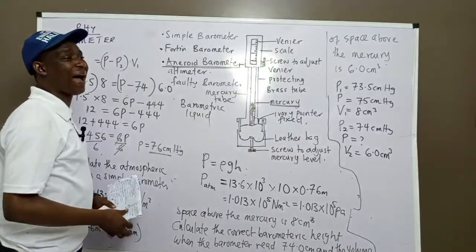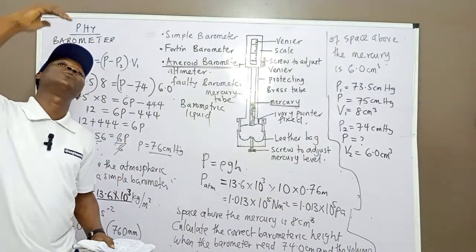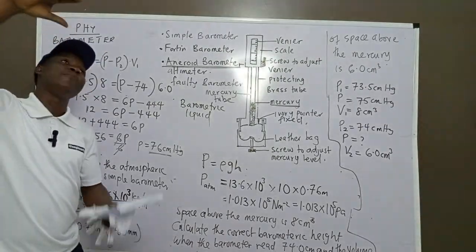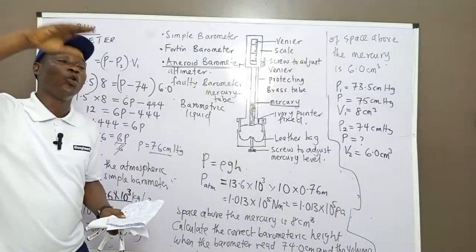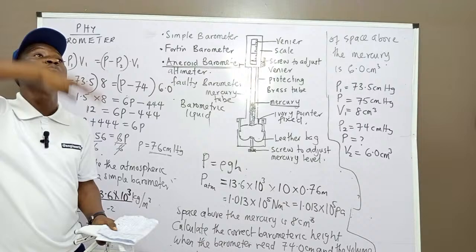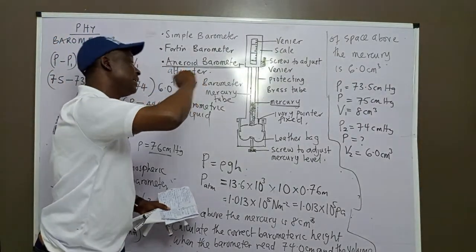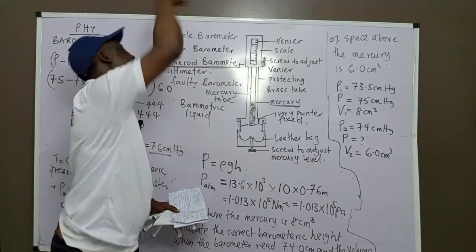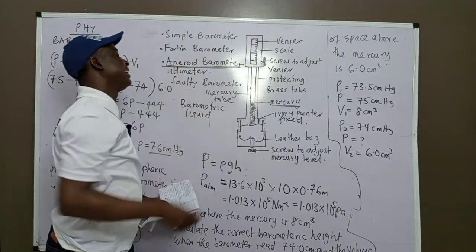Don't forget, the pilot moves with a particular altitude, and as they are moving, it is in relation to pressure and height. So pressure and height is what they move with. Now, the pressure with respect to the height, the altitude, is what we use the aneroid barometer to measure.